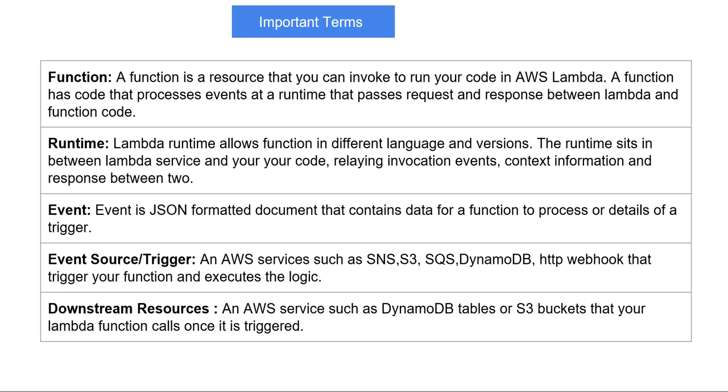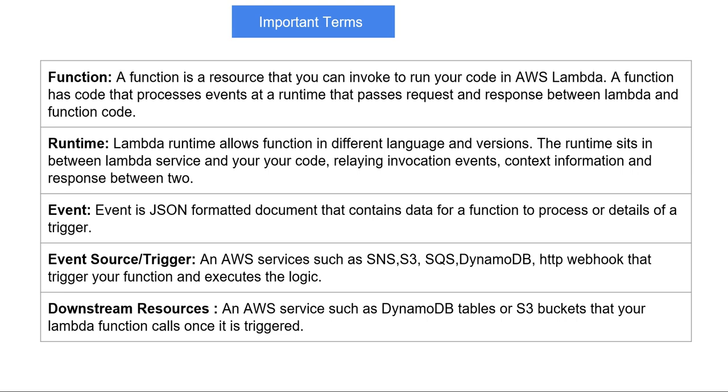That is called an input request to the Lambda. That is called event. You can say it is the input to the Lambda function, in JSON format, that describes the details of the event.